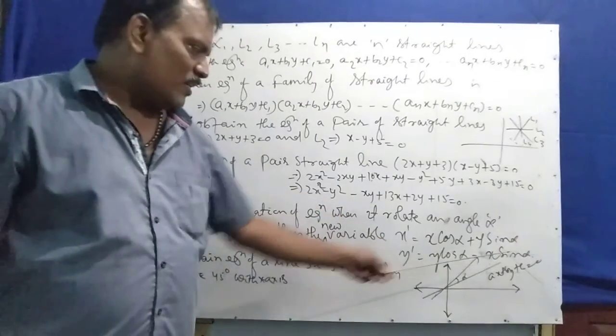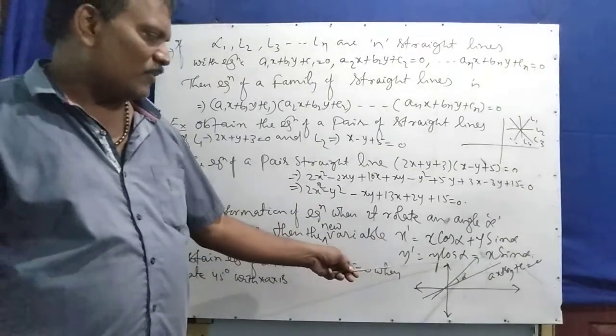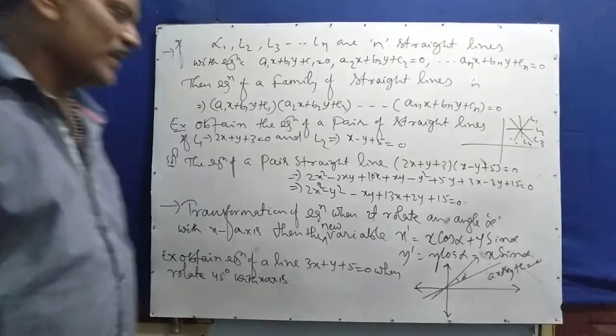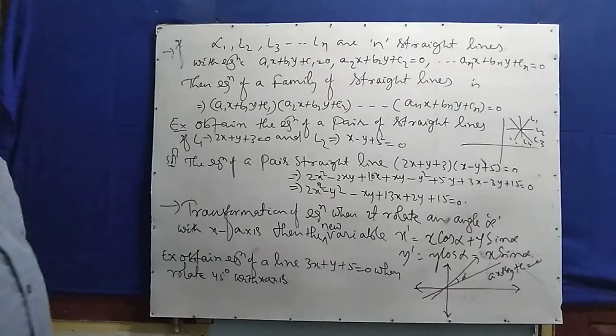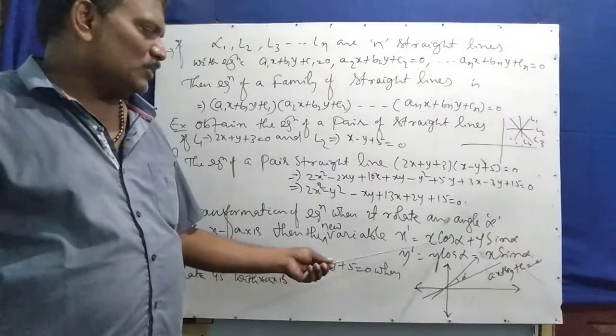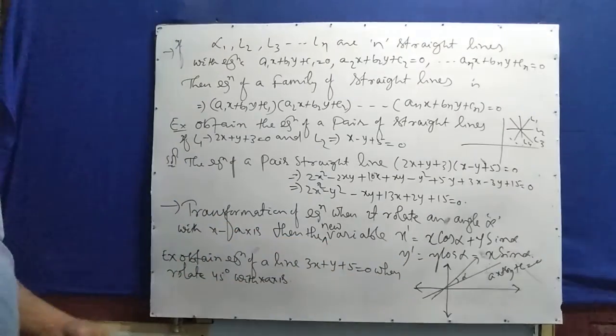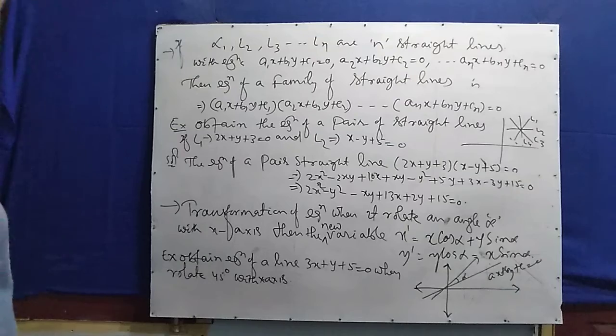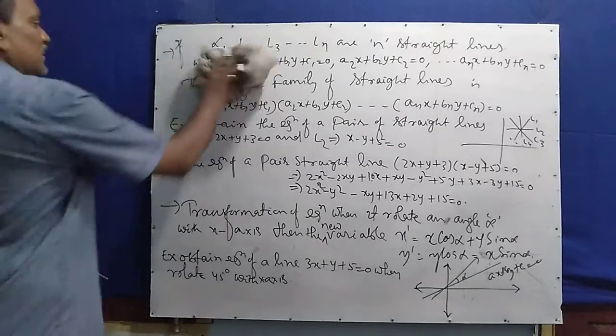So instead of y also you put y cos alpha minus x sin alpha. So alpha should be given, and after finding these two values you put them in and find the equation in its new position.